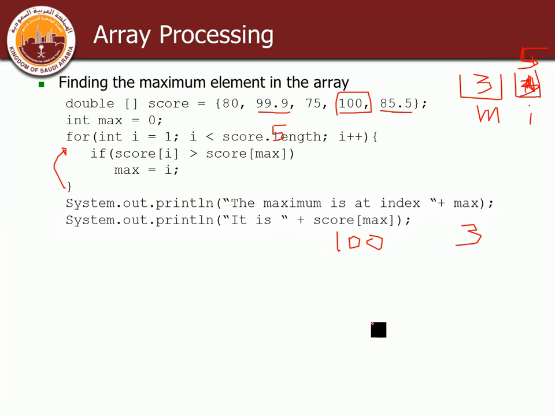You should start with score length minus 1, so we can flip it. You can flip it, no problem. You start from score length minus 1, and I greater or equal to 0, because you want it to be equal to 0, and I minus minus. Everything else is going to be the same, except that instead of starting from 0, you start from here.